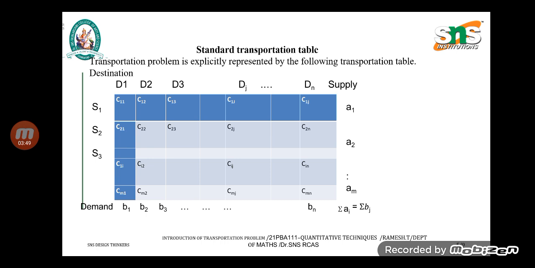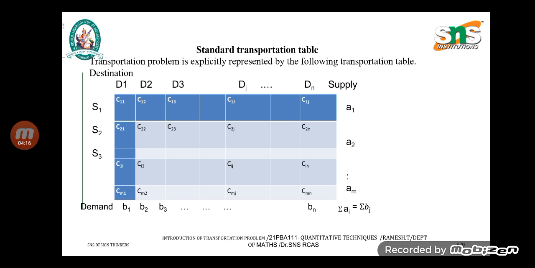These are all unit costs. In source 1, there are A1 supplies available, in source 2, A2 supply available, in source 3, and so on up to source m, Am supplies are available. On the destination side, the demand at D1 is B1, at D2, B2 demand, D3, B3 demand, and so on, Dn, Bn demand.